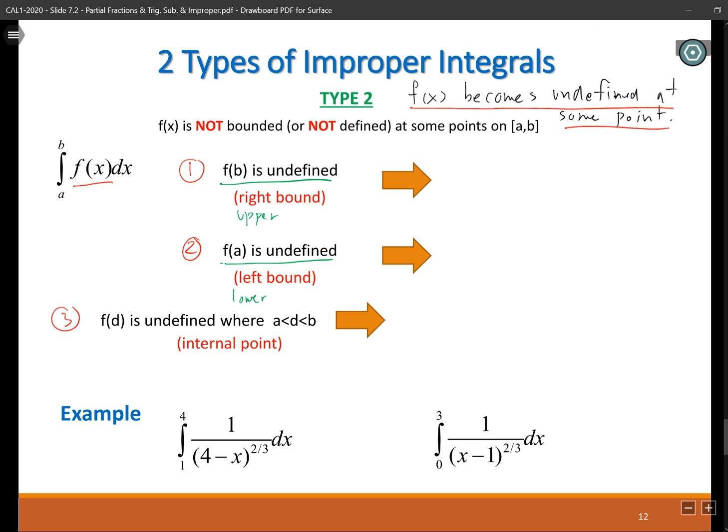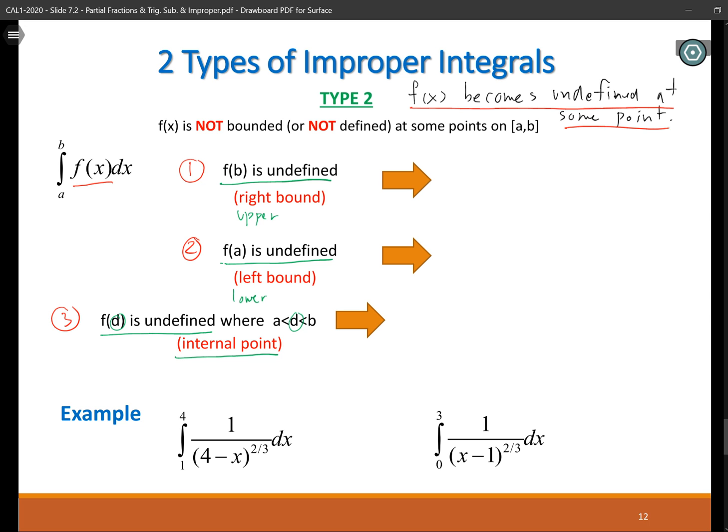We call that point an internal point right here. So f is going to be undefined at point d, and this point d is just some point between a and b. Okay, so 3 scenarios that can happen here.